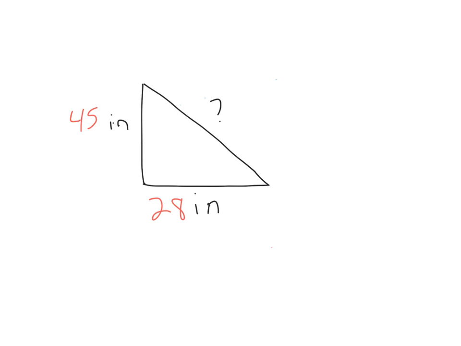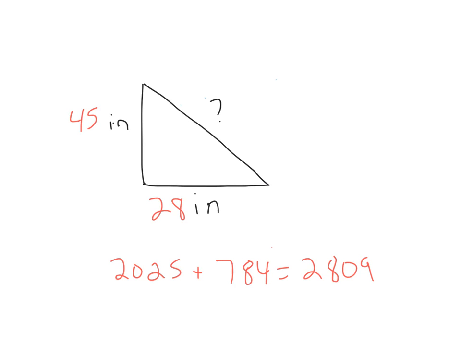Remember, you're just squaring each of the legs. 45 times 45 is 2,025, and 28 times 28 is 784. Do you remember what to do with this from the last part? If you guessed that you need to add them together, you are correct. When I add these together, I get 2,809. Now, is that my final answer?